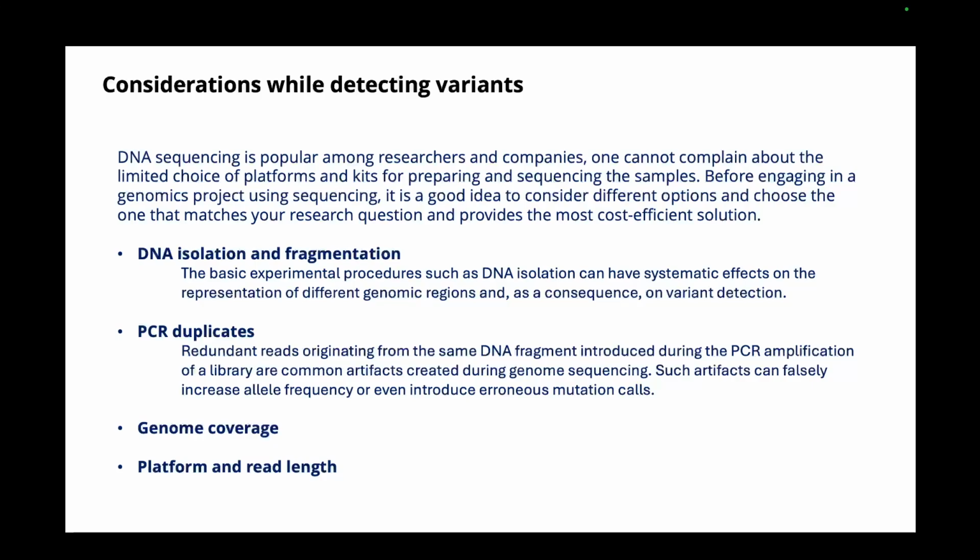You can go up to 1 KB, even 10 KB. So the longer the read, the better evidence you'll get for bigger variations in the genome, be it insertion, deletion, some sort of duplication, some sort of repeat, or anything. The bigger the read, the better evidence you have for these big variations.